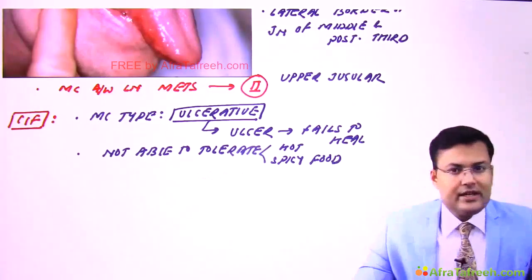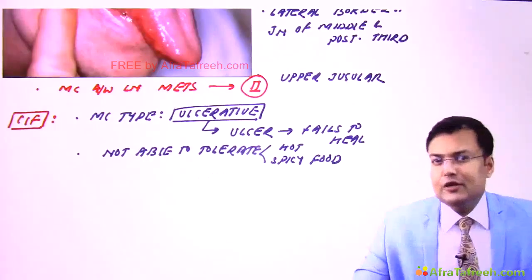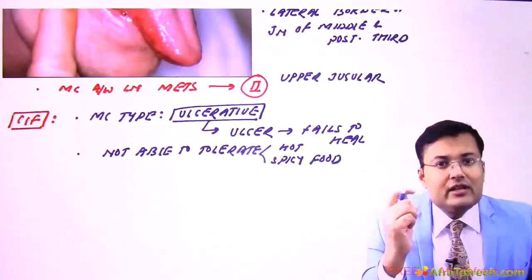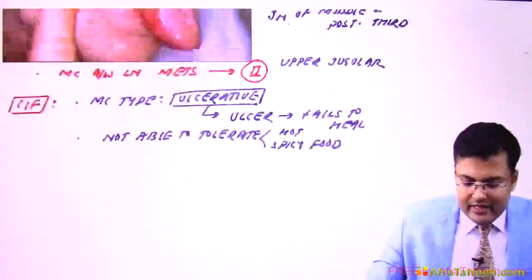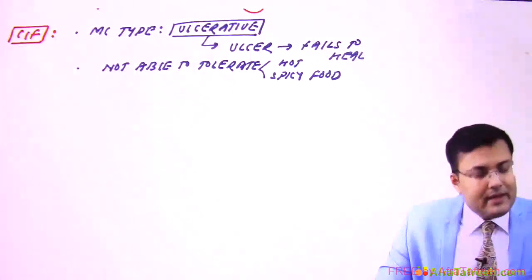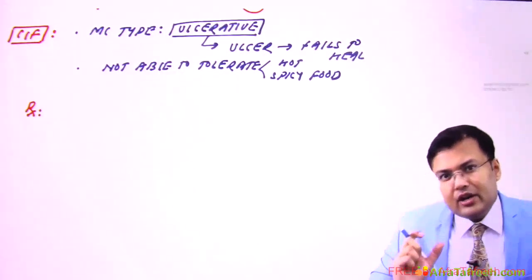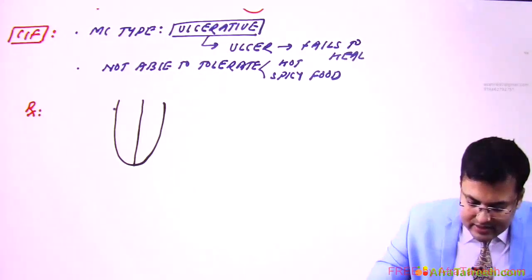Now, what is the investigation protocol? Here also the investigation of choice for diagnosis is edge biopsy. The investigation of choice for staging is MRI. And see the treatment. Treatment depends on the location of the tumor and involvement of the tongue. Imagine that this is the tongue.